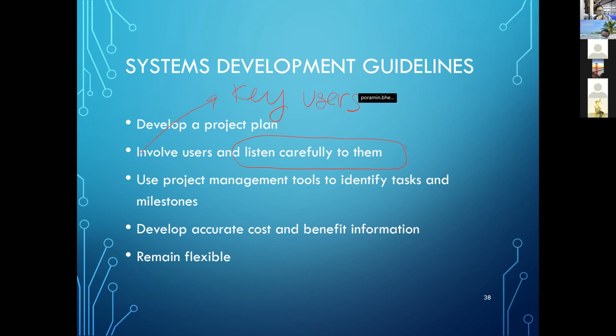Key users are the users who can make a decision, or who can convey information or requests to their boss, so the boss can make a decision and let us know straight away. Try to have the key users involved in the team.